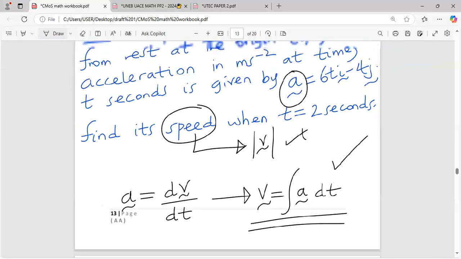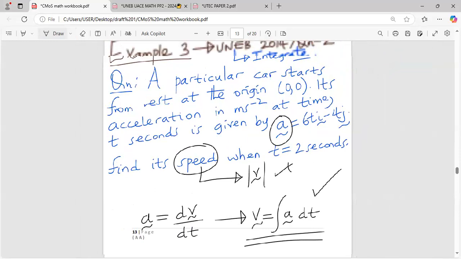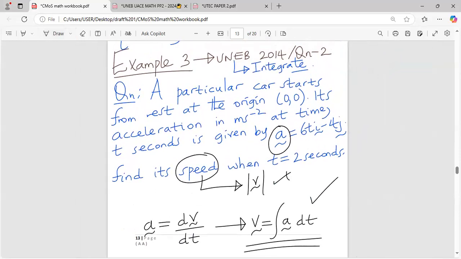So I want to ask people whether they have understood my interpretation before I go any further. Do people know the reason as to why I'm going to integrate acceleration to come up with the velocity, whose magnitude is going to be the required speed?